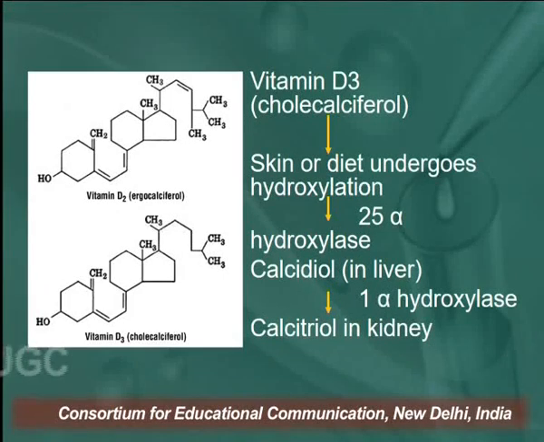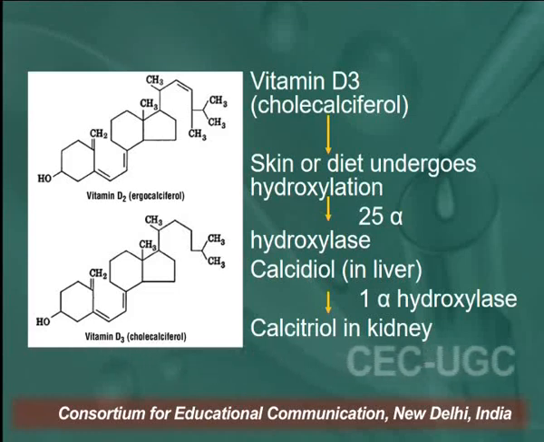On your screen, that is the structure of vitamin D3. You all are aware of vitamin D3. Our skin can synthesize vitamin D3, or we can take vitamin D3 from our diet.